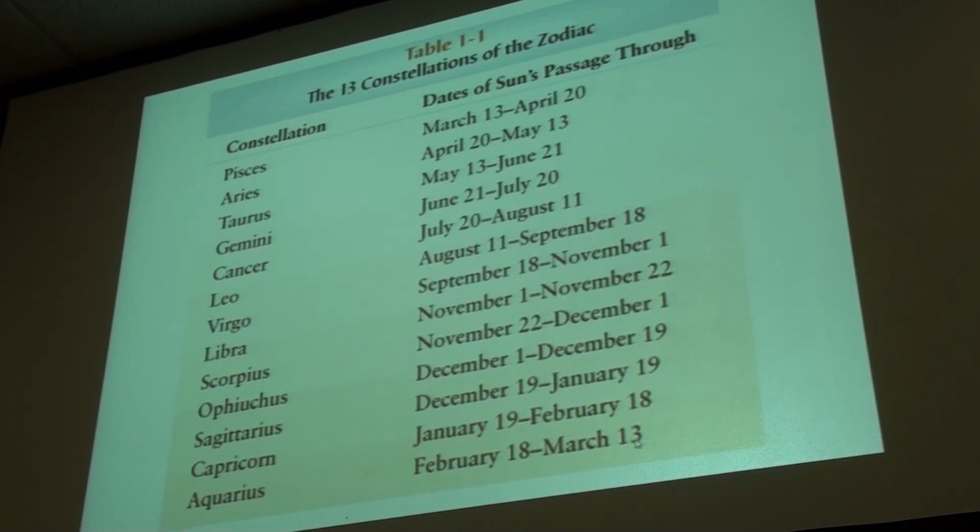Nope, I'm an Aquarius now. And so you can go and check out what your real sign is based on the actual configuration of the Earth with respect to the zodiac constellations today, not 2,000 years ago.